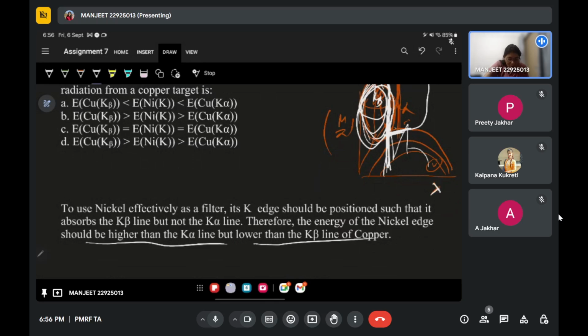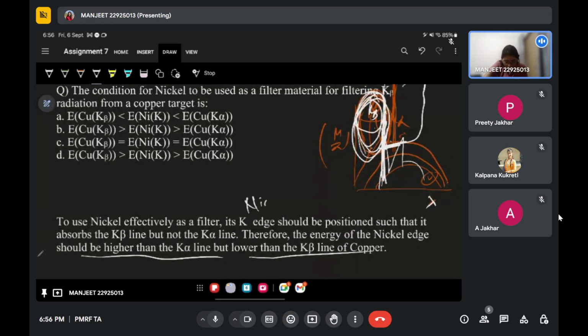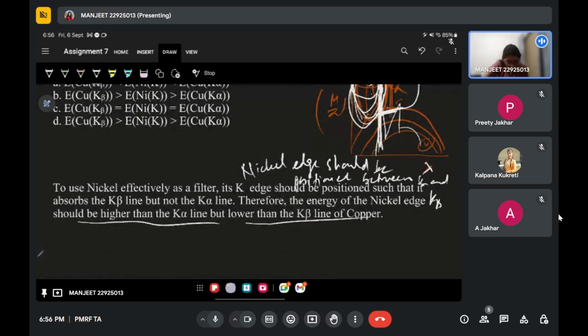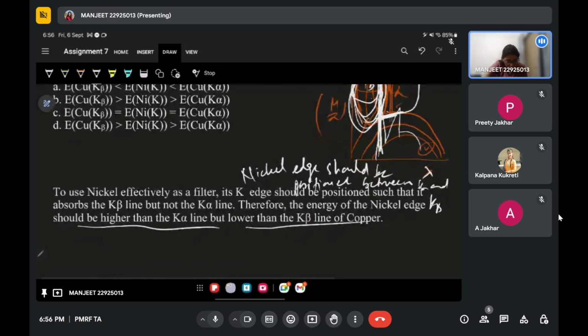But here, if you say that this nickel edge should be positioned between the K alpha and the K beta. Okay, and this is having the lower energy.